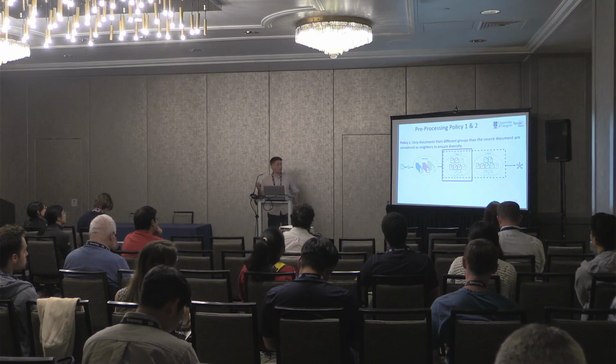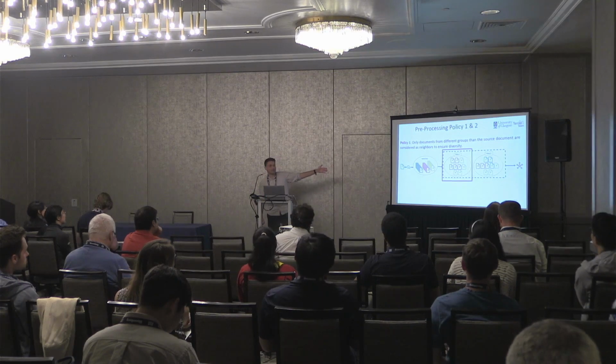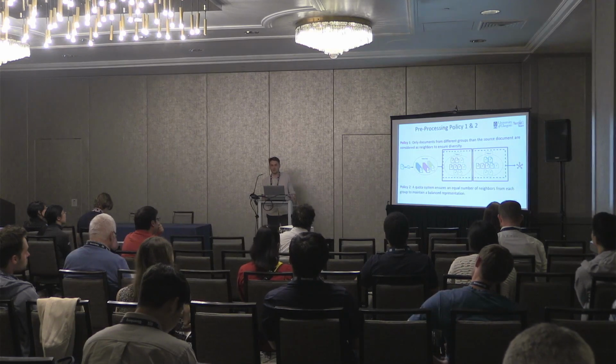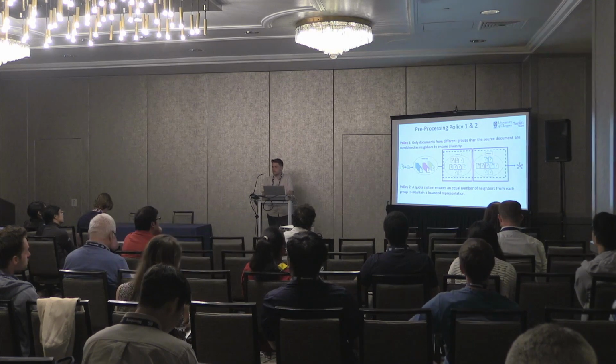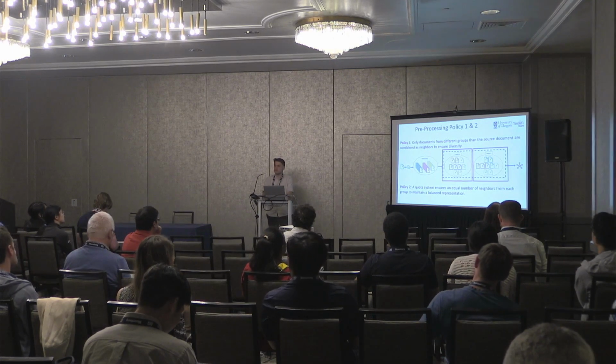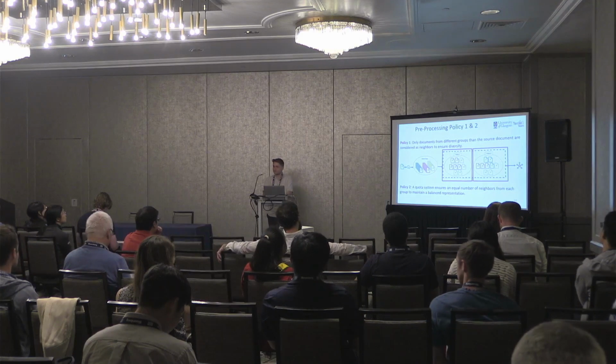But what we want to do now is, we have a document from group A, which we scored, and then we want to find similar documents from different groups. And in policy 2, we use a quota system where we basically enforce that an equal amount of neighbors exist for every document.